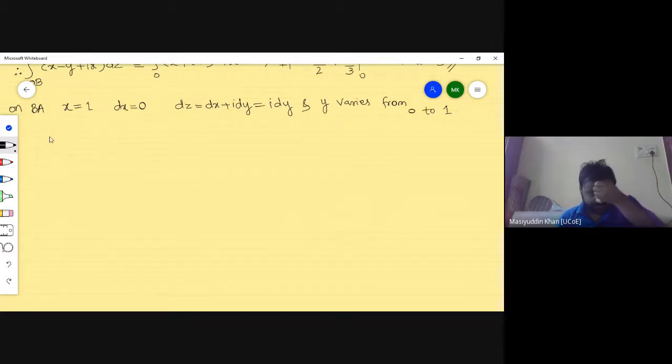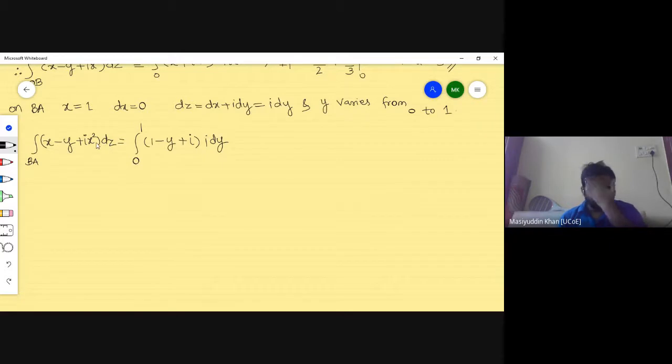So we have to take the segment BA, same function x minus y plus i x square into dz, which is equal to, in segment BA, the limit point will remain 0 to 1. The value of x is 1, so 1 kept as it is, so 1 minus y as it is plus i, dz is equal to i dy.